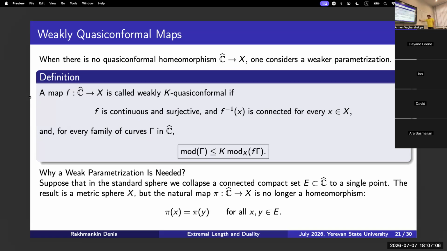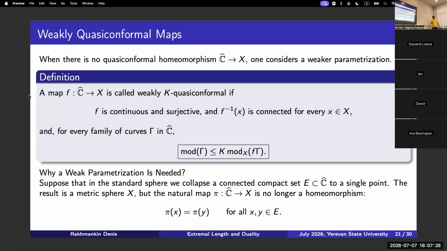We should put two points and calculate the distance between them. How to calculate the distance between them if we collapse a disk into one point? Let's calculate the smallest path, and if it goes through the disk, let's cut it out, and the distance between these two points becomes smaller.